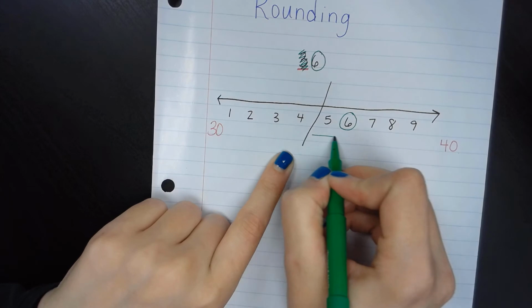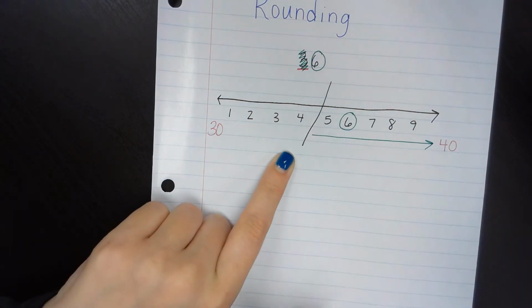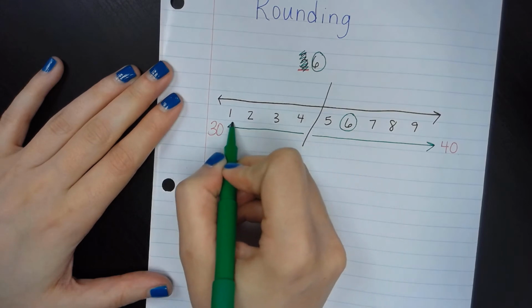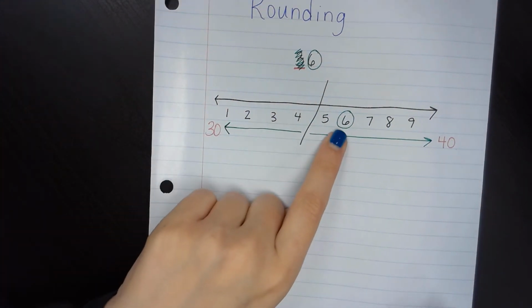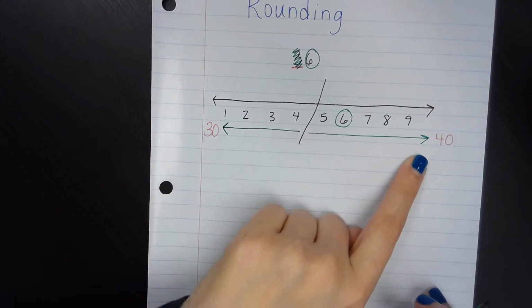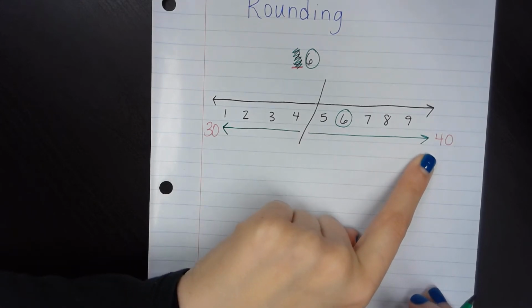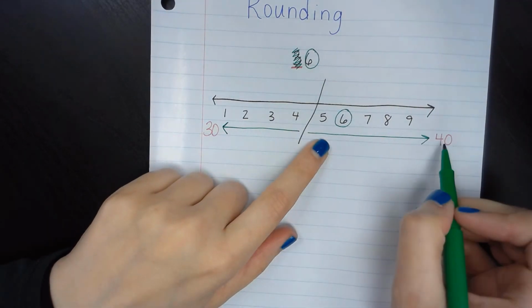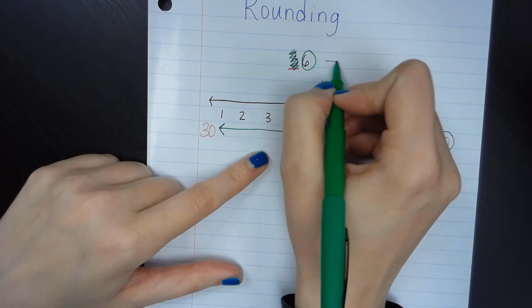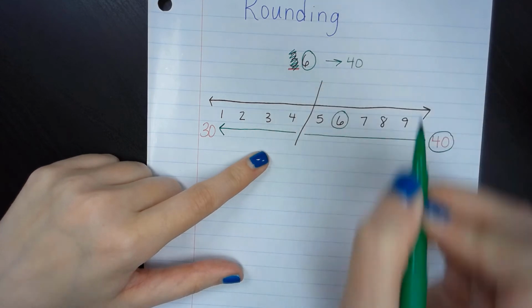Everything from here over rounds up to 40. Everything from this side over rounds down to 30. Well, my 6 is on this side of the line, so it's going to round up to 40. So 36 rounds to 40.